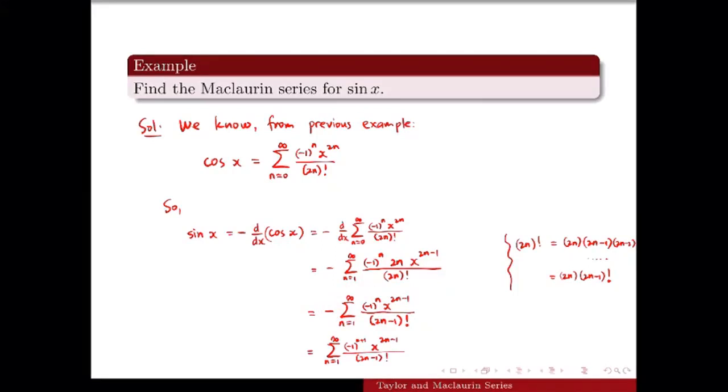So in here, we just differentiated. So the interval of convergence will be the same as the interval of convergence of cosine. Okay? So let me put it here again. So again, this part here you need to verify, but it's true for any x.